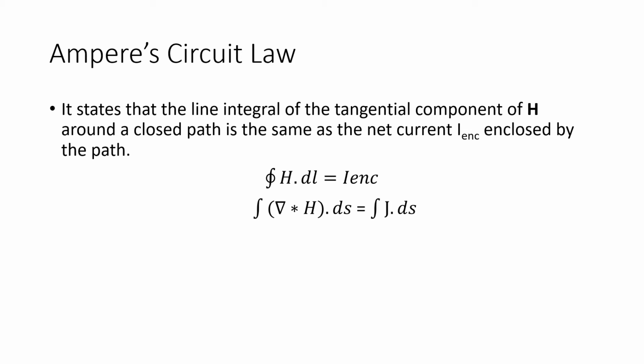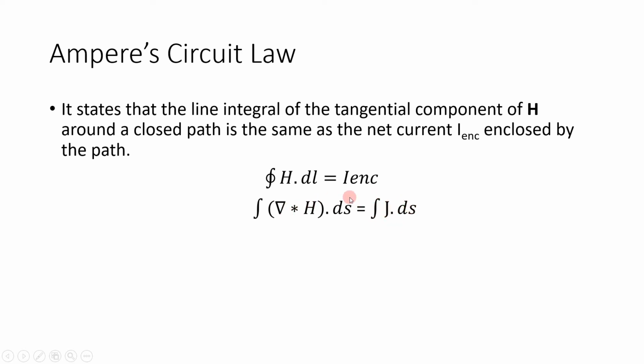And applying Stokes theorem, you can convert that line integral to surface integral. So you can write surface integral of del cross H dot ds will be equal to, again I can be written as surface integral of J dot ds, where J will be current density.